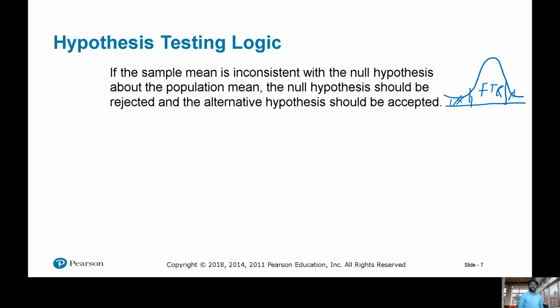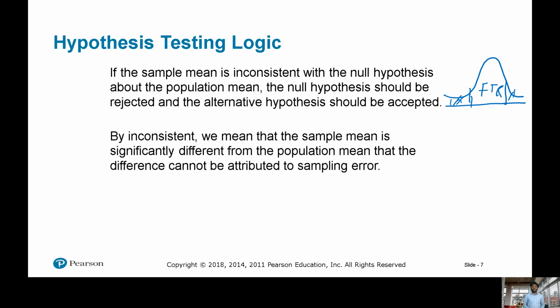This will make sense when we look at more examples. By inconsistent, we mean that the sample mean is significantly different from the population mean.